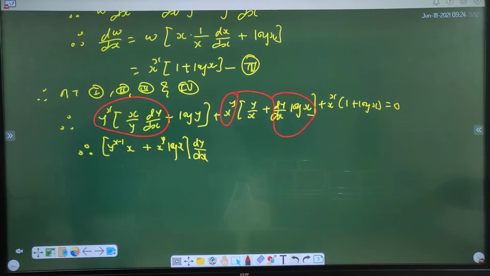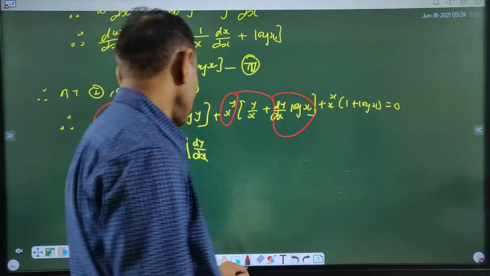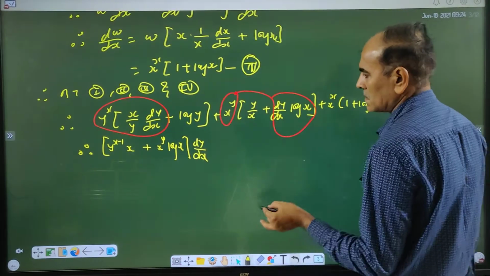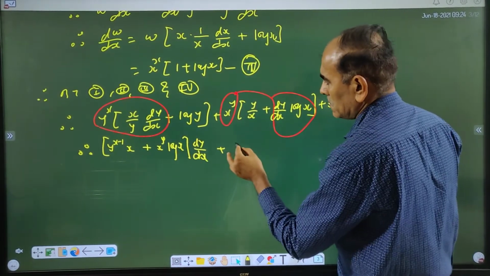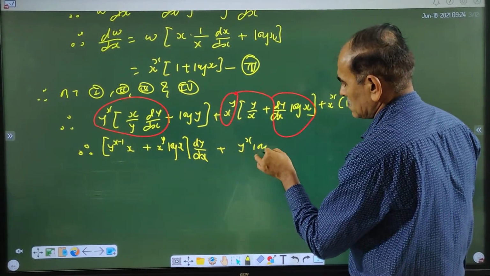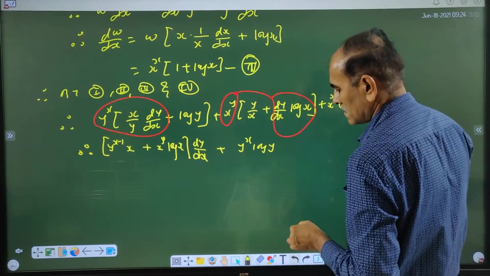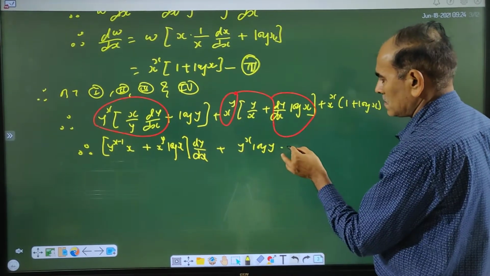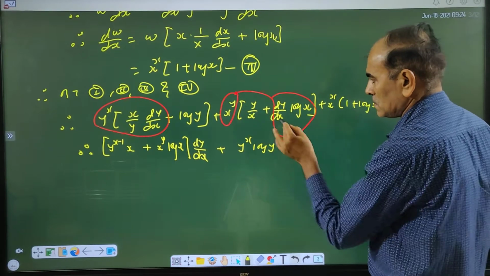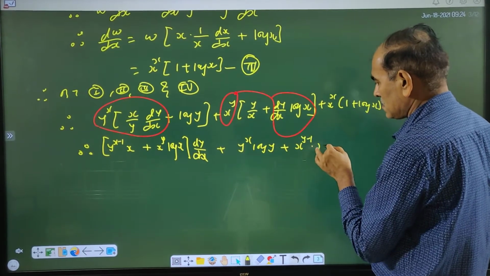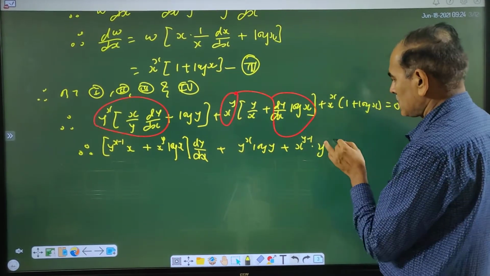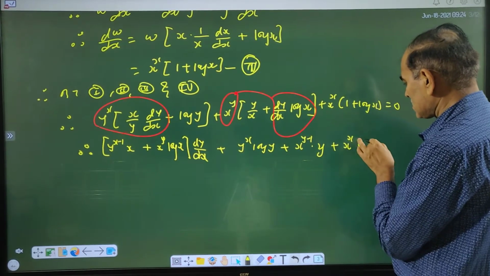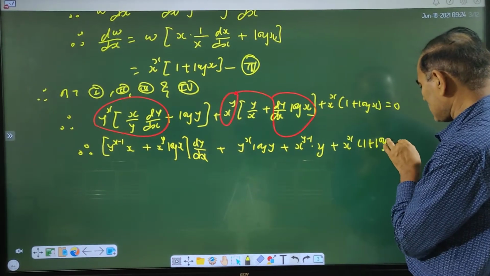So take the rest of them as they are: y raised to x log y plus x raised to y minus 1 into y plus x raised to x into 1 plus log x.